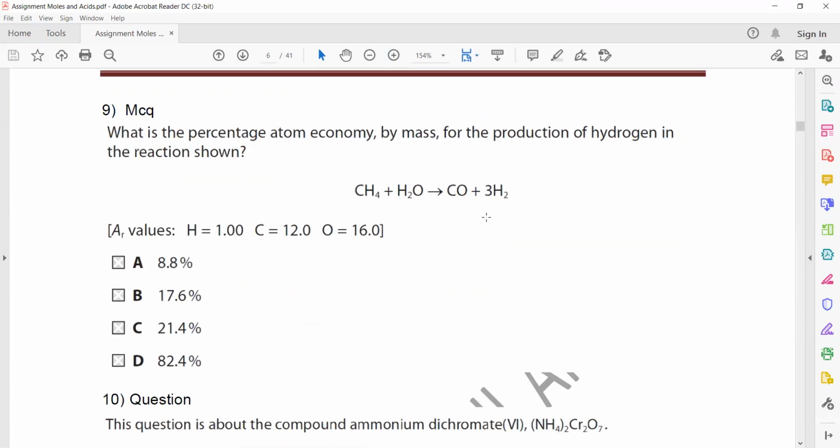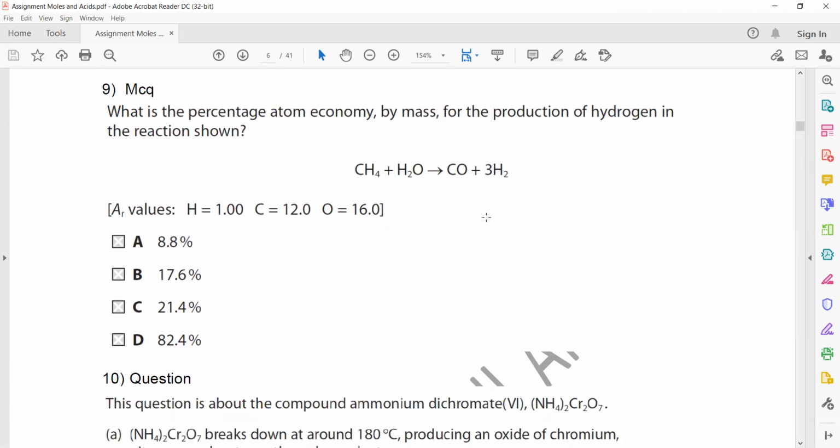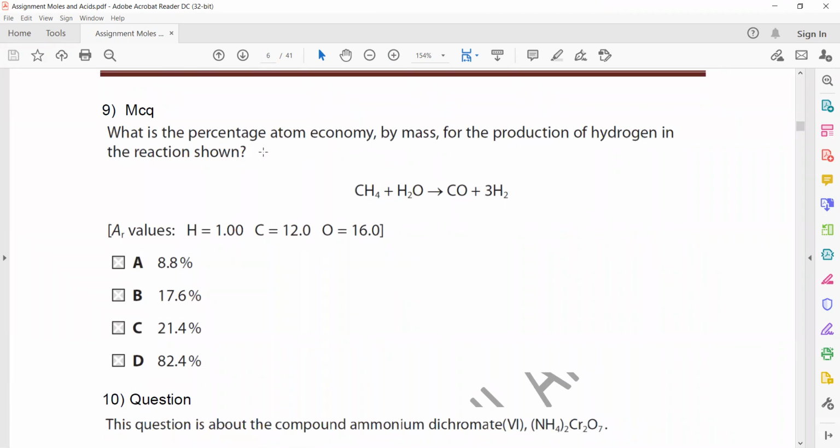In question 9, what is the percentage atom economy by mass for the production of hydrogen in the reaction shown? The relative atomic masses are given.